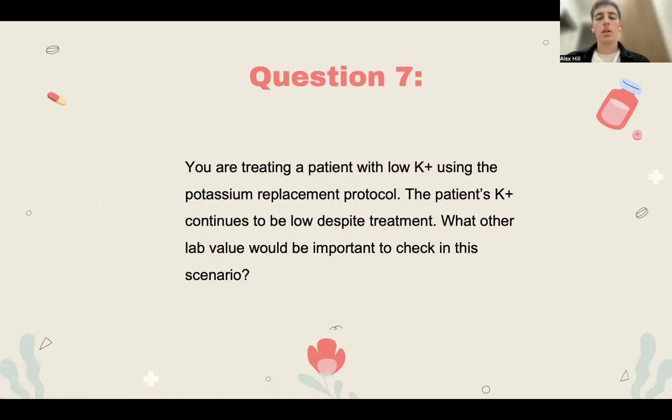You're treating a patient with low potassium using the potassium replacement protocol. The patient's potassium continues to be low despite treatment. What other lab value would be important to check in this scenario? Okay, so this is an ion that's important related to potassium for a couple different reasons. One, this ion is an important cofactor for ATP production, and ATP is necessary for the sodium potassium pump.